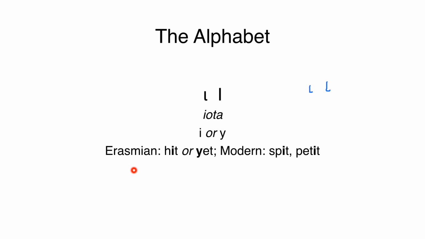According to the modern pronunciation, it's the I in hit, sometimes like the y in yet. In the modern pronunciation, actually we can also have the y sound, but it's more like the I sound in spit or petite. In other words, this will sound the same as our letter two letters ago, ita.